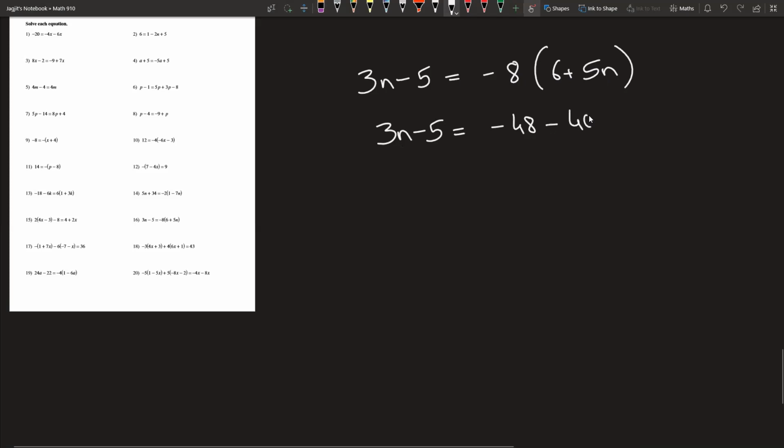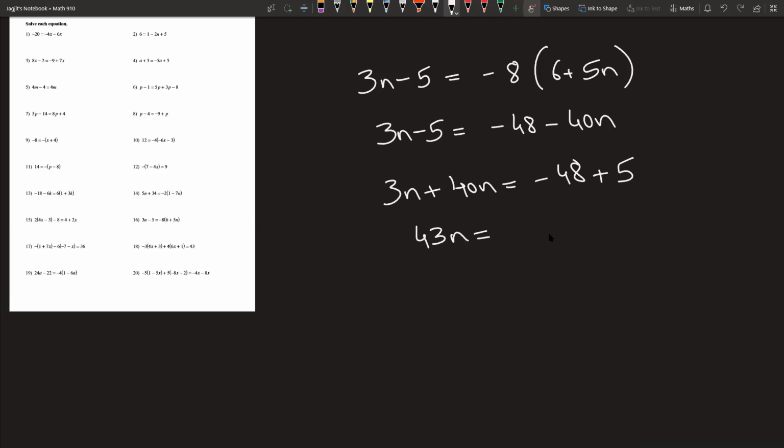So now we need to bring all the n terms together. Minus 40n, when it comes to this side, will become plus 40n. Minus 5, when it goes to the other side, becomes plus 5. So this is 43n. And this is going to be minus 48 plus 5, which is minus 43.